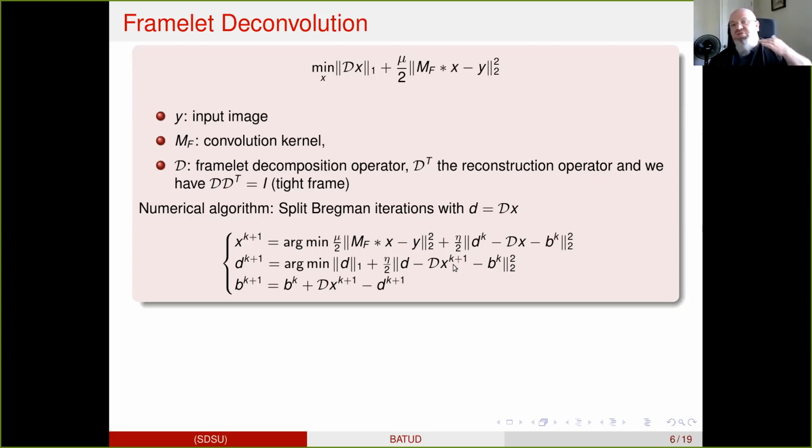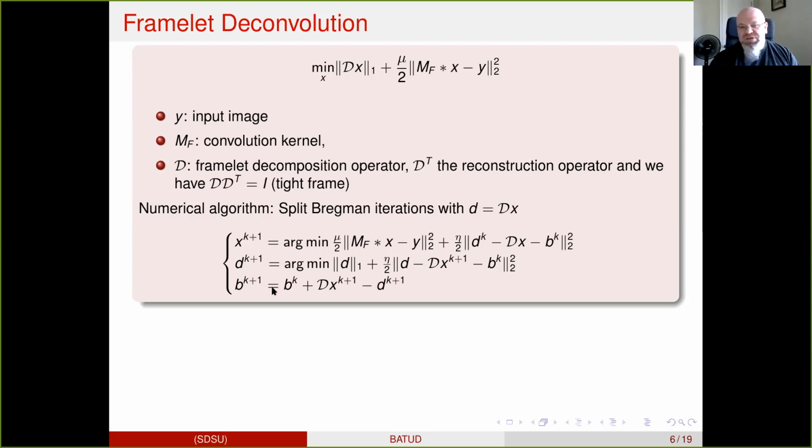It basically corresponds to doing a soft thresholding of the Framelet coefficients. So you take the Framelet transform, you threshold those coefficients, and you do the inverse Framelet transform, and done. That's the only thing to do. So it's also very easy to do, numerically speaking.